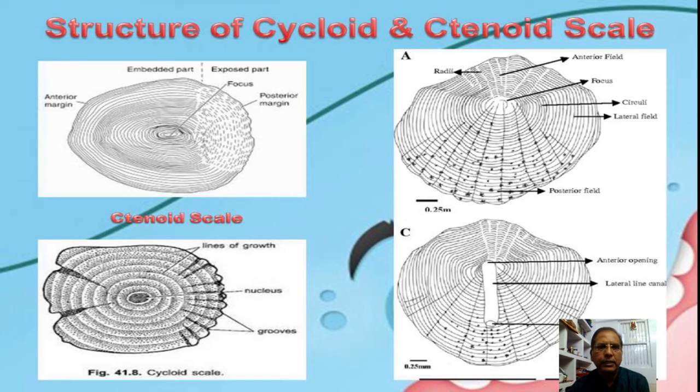You can see concentric rings, some darker and some lighter. They show the availability of food. One light ring shows scarcity of food, and one darker ring is more evidence of food. Now one light and dark ring together show the age of the fish.